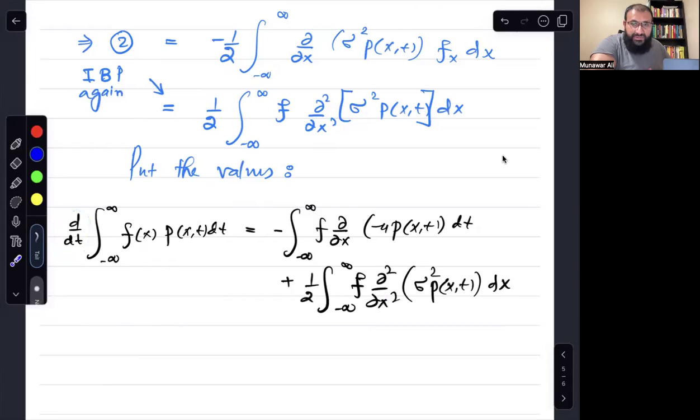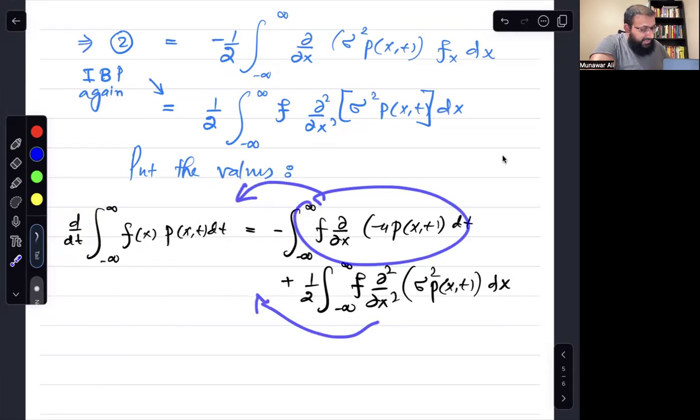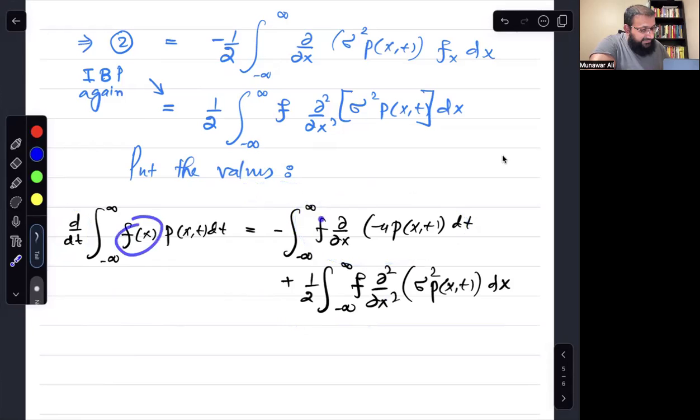So the next thing I'll do is take this derivative inside, so that it becomes a partial derivative. I will take these two terms there, and since you can see f is here, f is here, f is here, and dx is here. Sorry, I think this should be dx, and this should be dx squared.